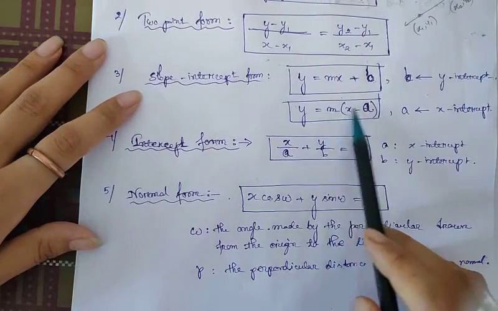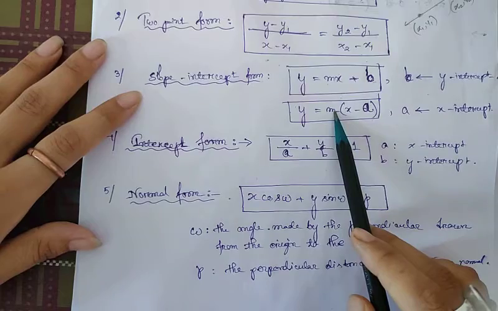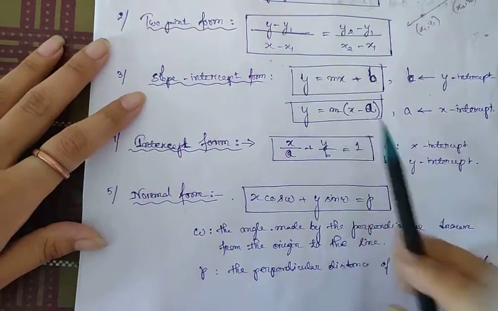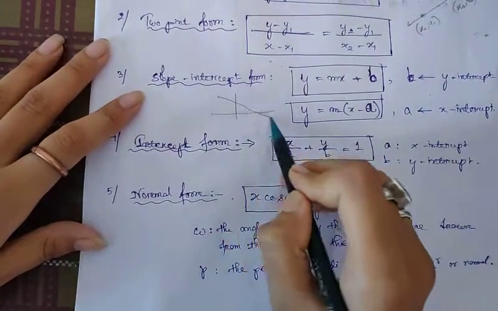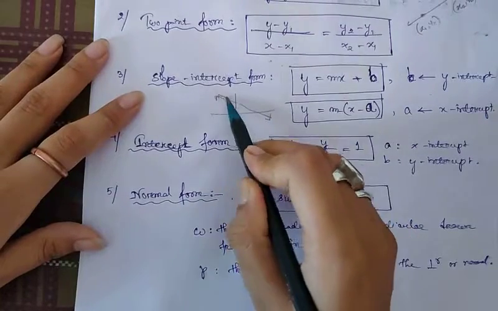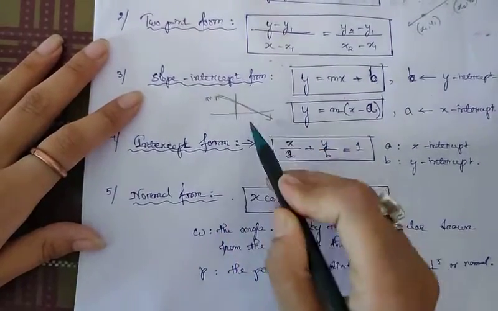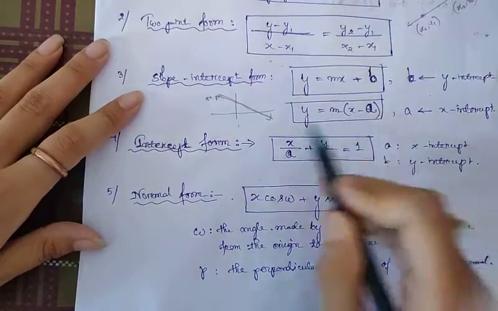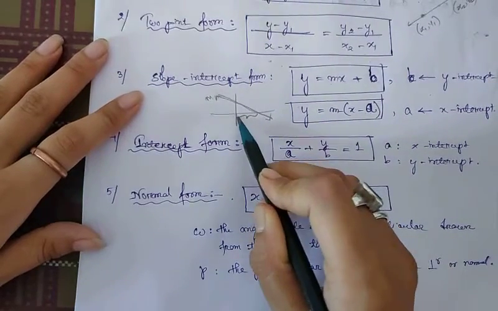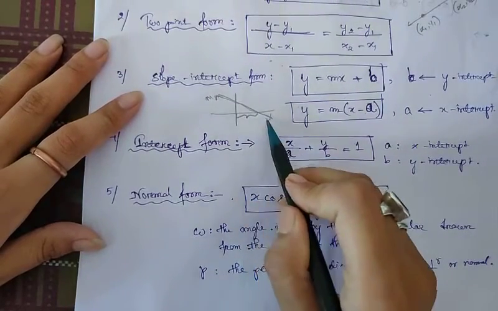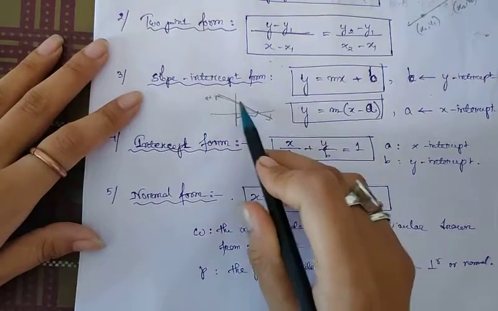Similarly, if you have your slope as m, say this is your line L, the slope of the line is m and you are given the x intercept, meaning the distance from the origin at which the line cuts the x-axis.